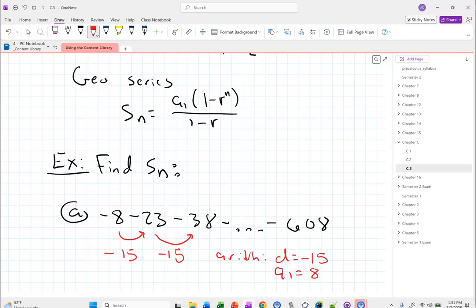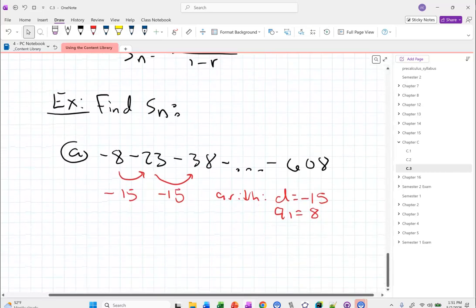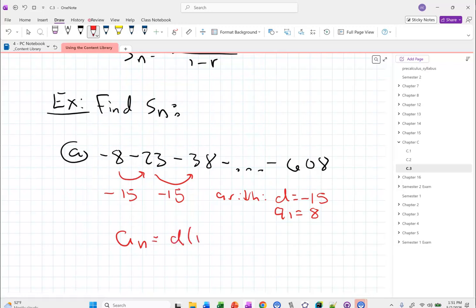So it looks like these are terms from an arithmetic sequence where the d is negative 15 and the first term is 8. So again, we can write our explicit formula.